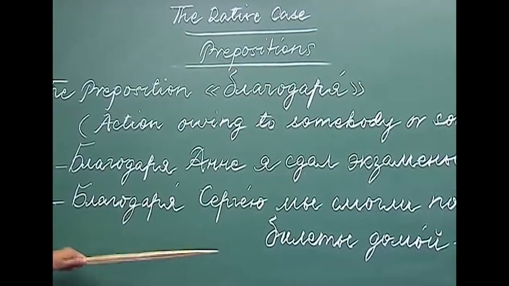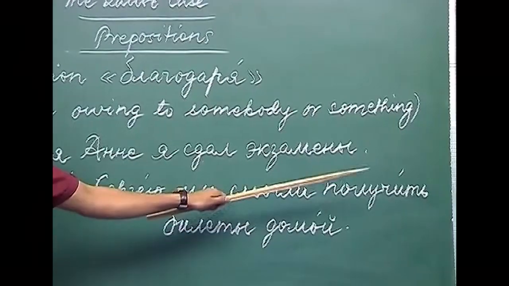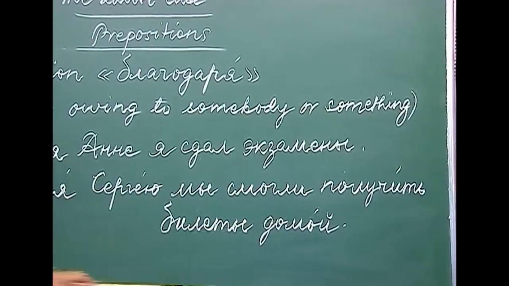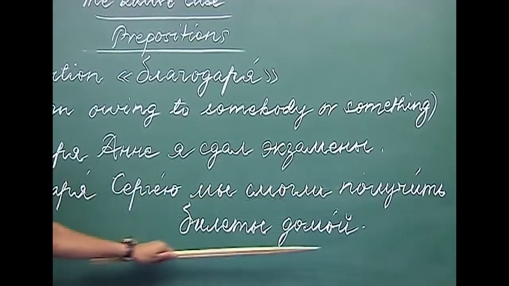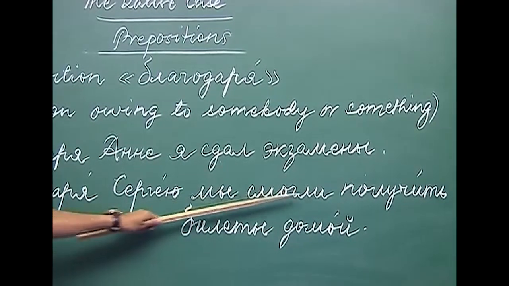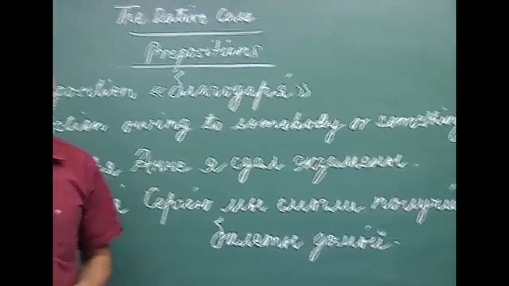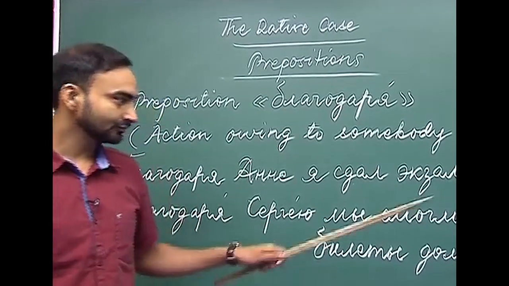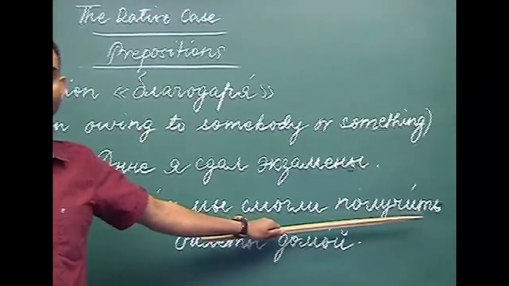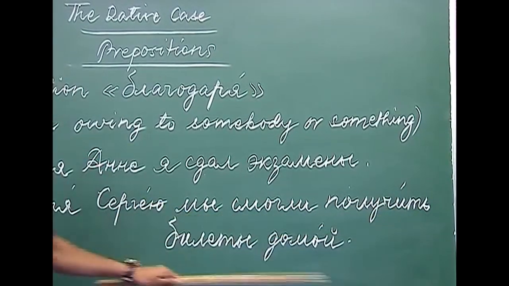The next example we have is Благодаря Сергею мы смогли получить билеты домой. Смогли is from the verb смочь. Смочь is the perfective aspect of the verb мочь, can. Получить is the perfective aspect of the verb получать, which is to get or to receive.